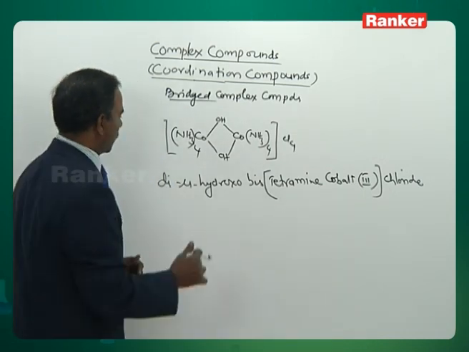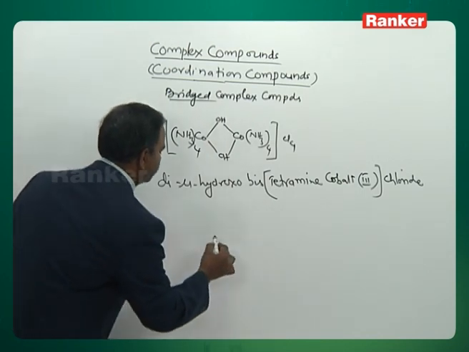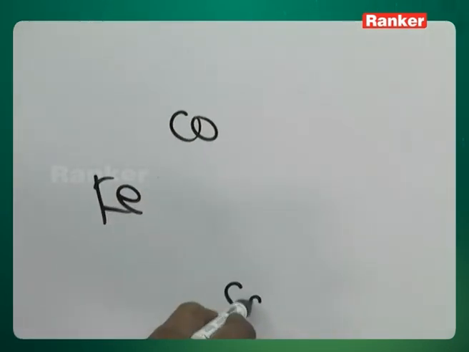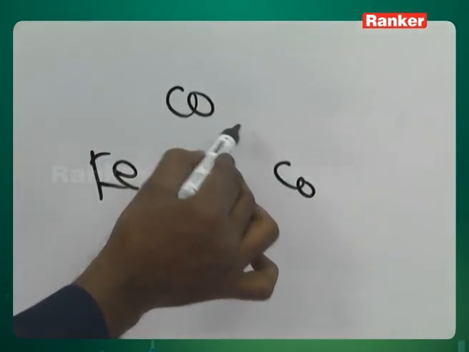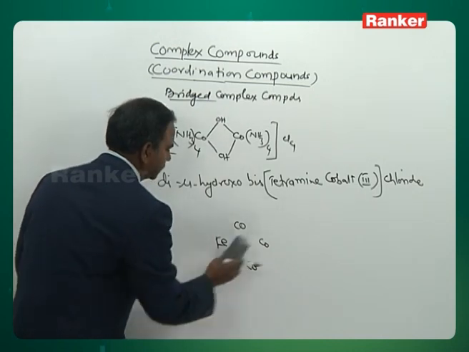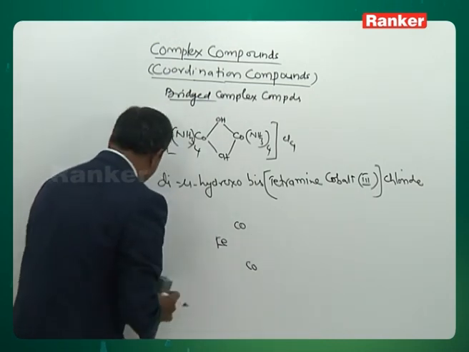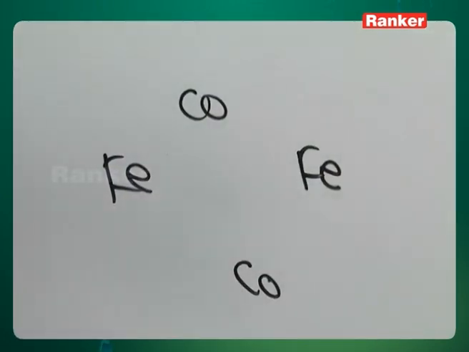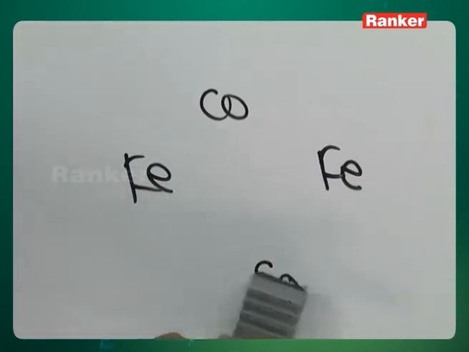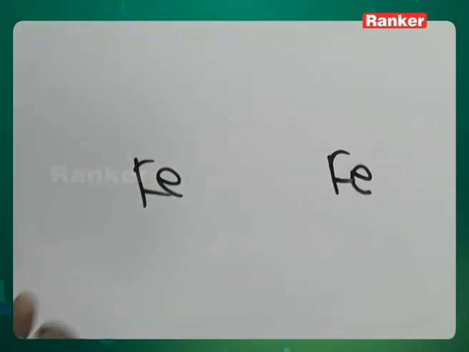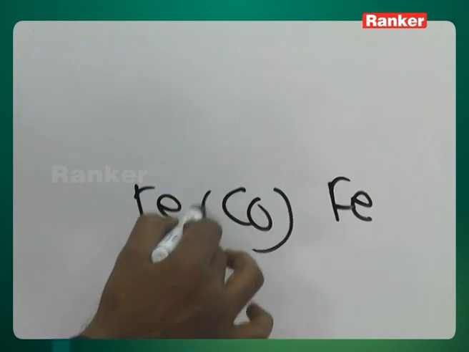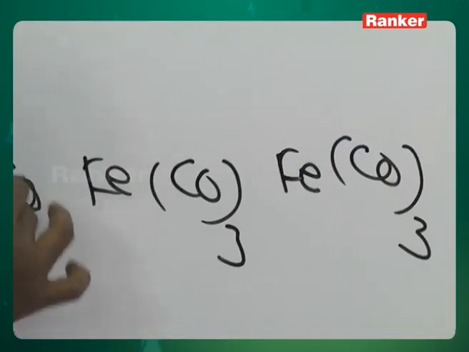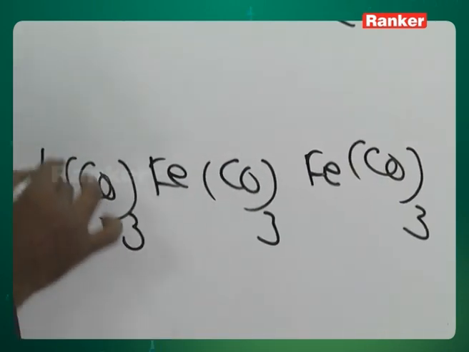Let me write one more easy complex. Look at the board. Iron carbonyl, I am writing now, Fe CO, then CO. Instead of writing bridges, we can also write this CO taken thrice, then CO taken thrice, and again we can write on either side.